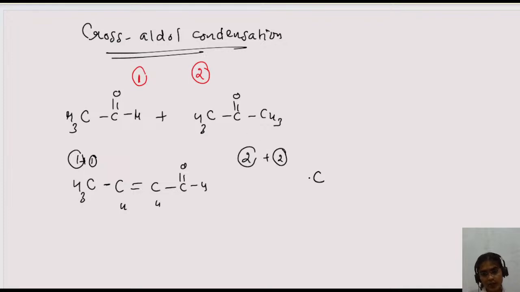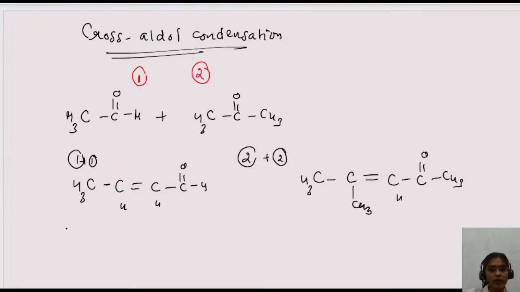So in this case, CH3, CO, carbon double bond carbon, CH3, CO, CH3. This is product number two.